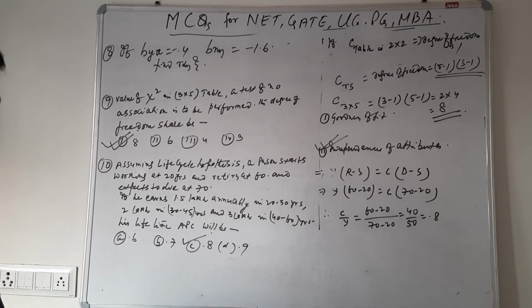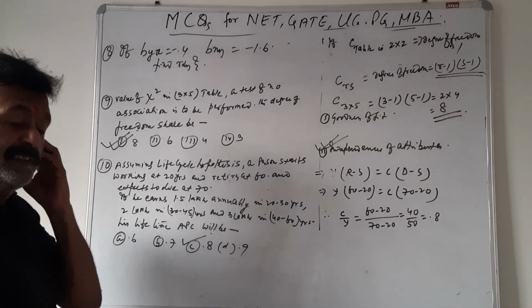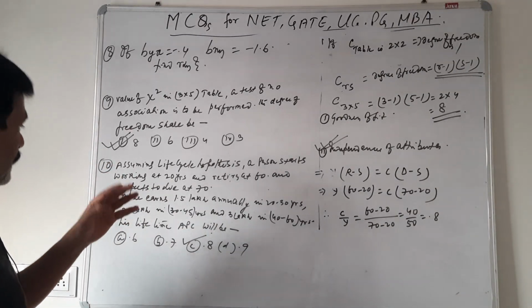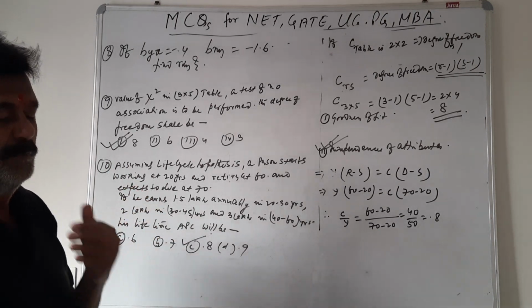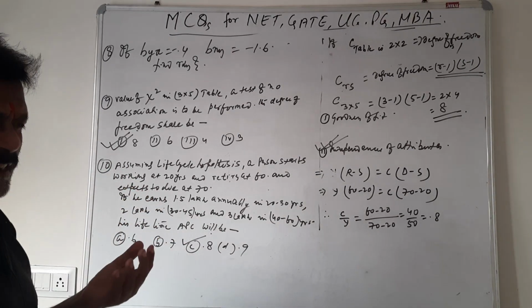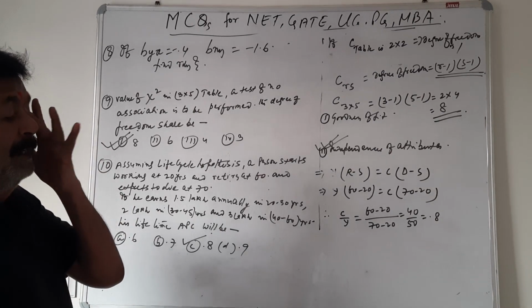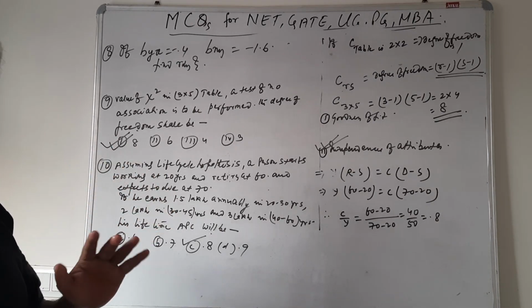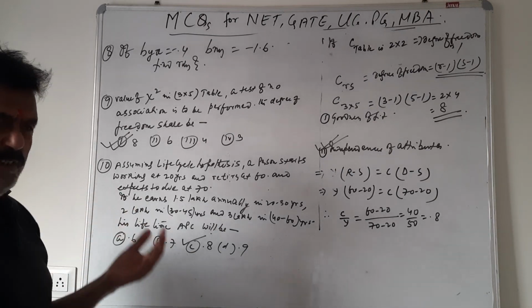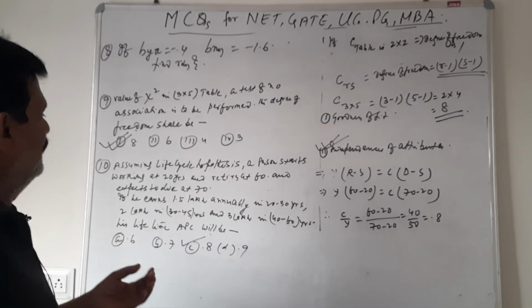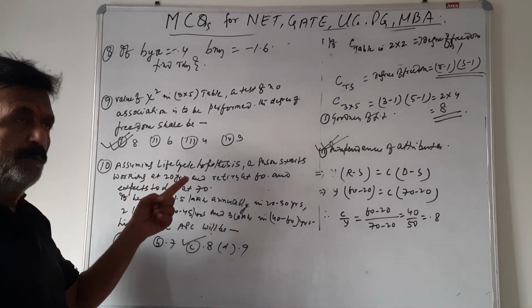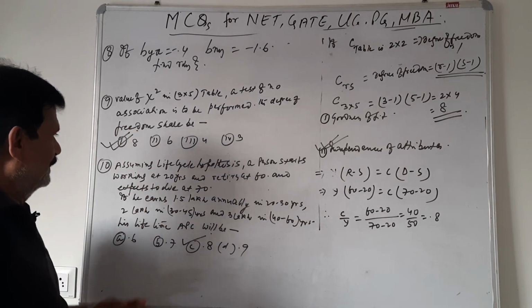Question number 10. Assuming the life cycle hypothesis that was given by Ando and Modigliani. After Keynes's psychological law, various theories of consumption function appeared in macroeconomics, and one important theory was given by Ando and Modigliani, that is the life cycle hypothesis.